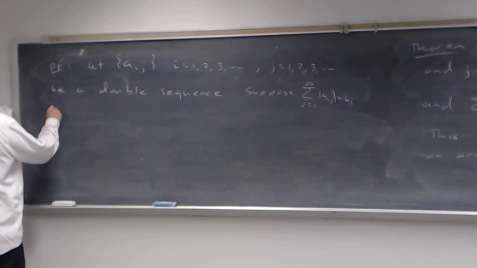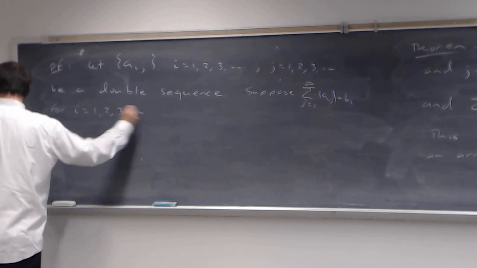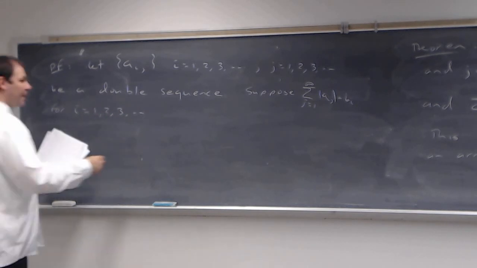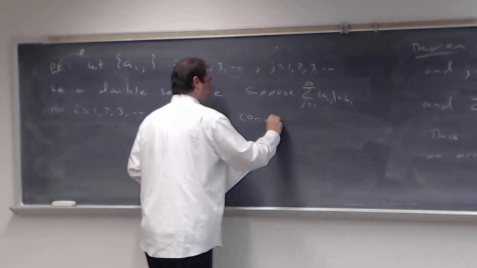And this is true for i equal 1, 2, 3 forever. And that the sum of the b sub i, as i runs from 1 to infinity, converges.